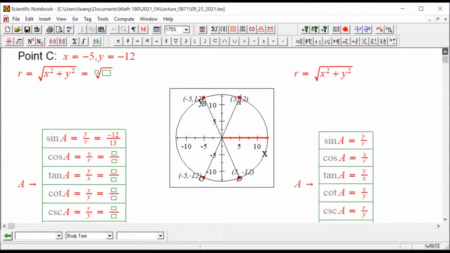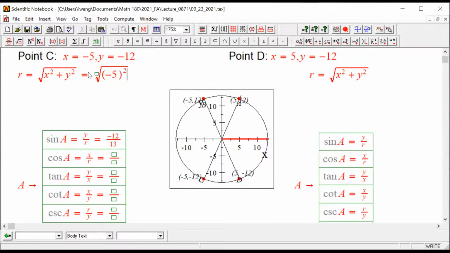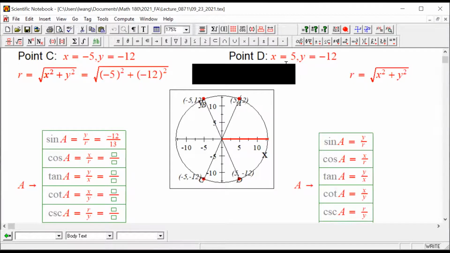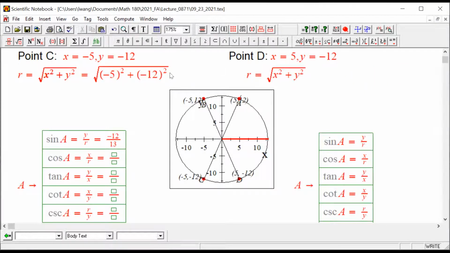For point C, you're going to have -5 squared. That -5 needs to be in parentheses. The other number is -12 squared. Notice how I write them. Of course, (-5) squared is +25, a positive 25.